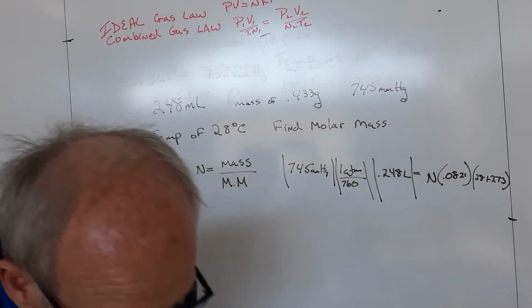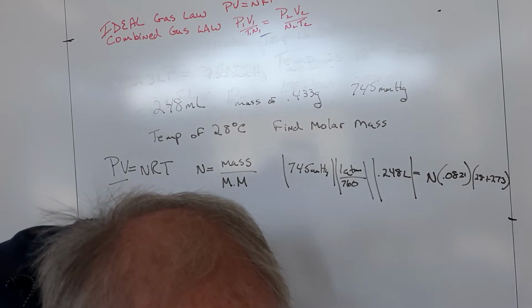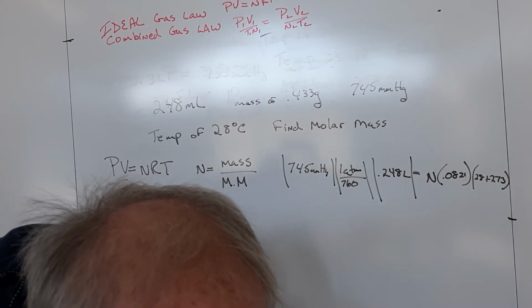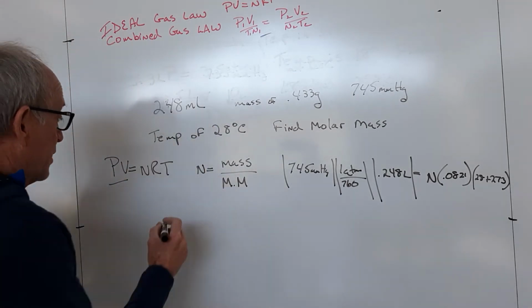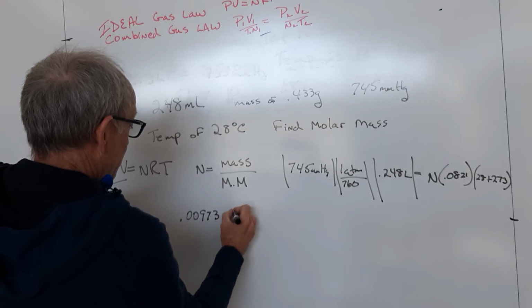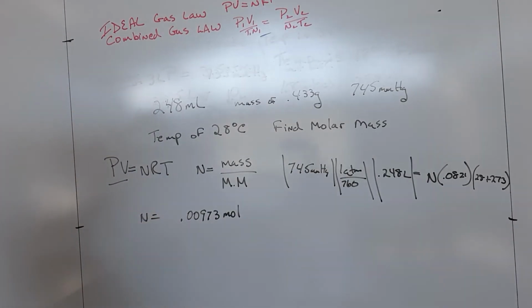Now, if I solve for n, I get 0.00973 moles. n equals that, which looks about right.